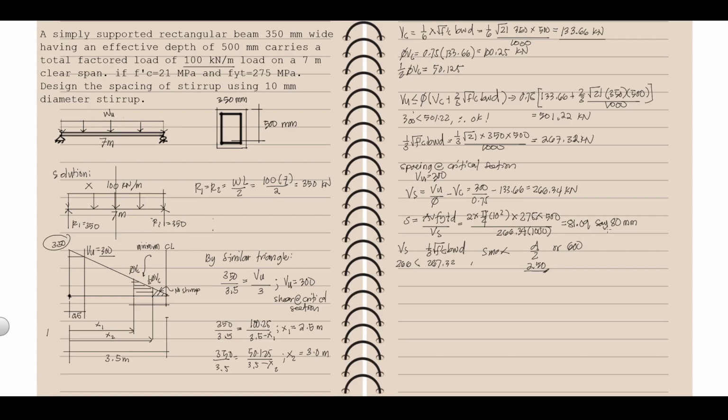So, meaning, we're going to use the 80 mm. Maliwanag ba? Pagka lumagpas sa 250 yung S natin, that's the time na yung S-max po ang gagamitin natin. So, dito, 80 talaga ang gagamitin natin. So, we're going to use a 10 mm stirrup, okay, space at 80 mm OC.